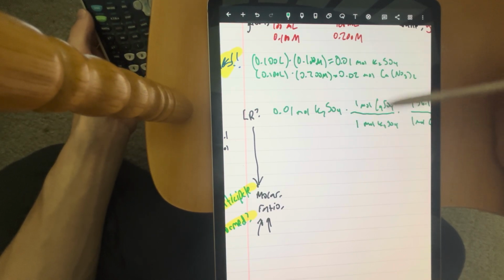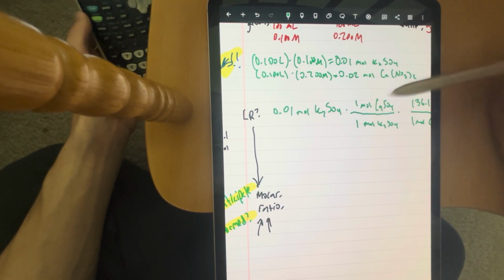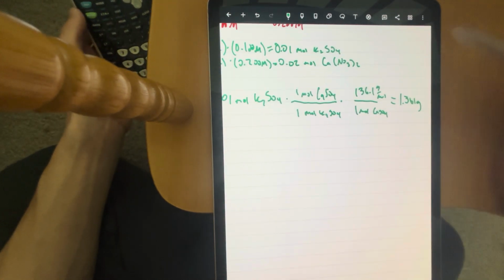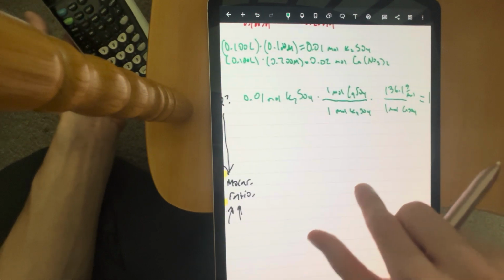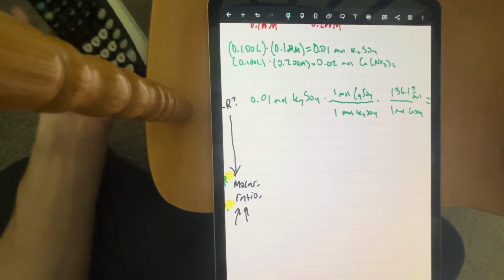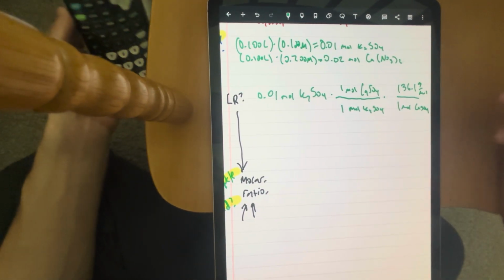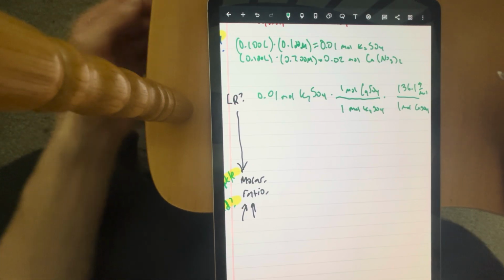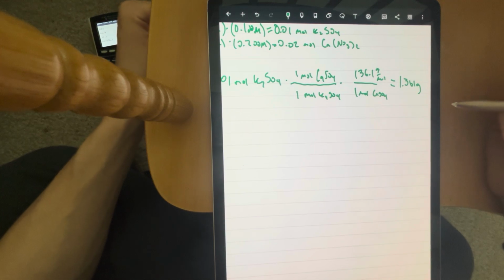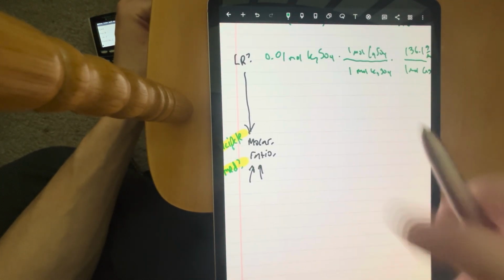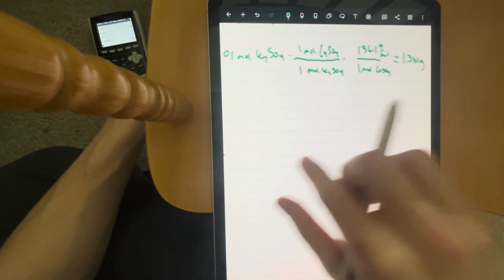And since the ratios are the same, it would just be 0.02 times that. But y'all don't need to see that since there's no molar ratio difference. The number would just be twice as big. But we're finding the limiting reagent. We want the smallest amount that is produced by one of these guys. And that's going to be this guy, since this is the smallest number. So we use our molar ratio. So we have our answer right here.